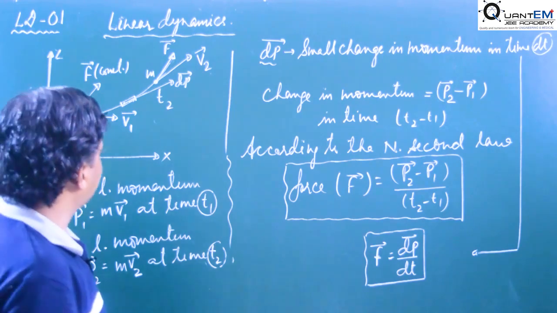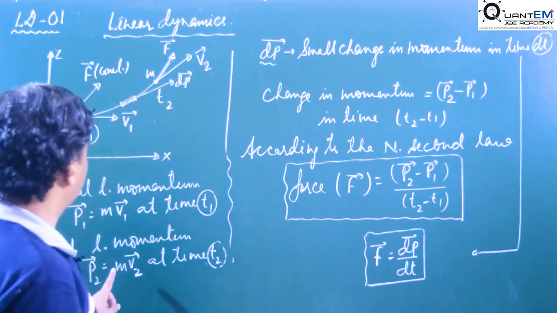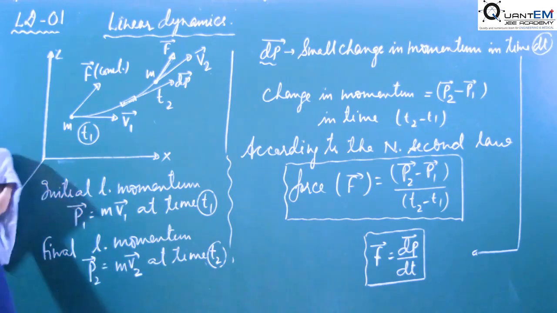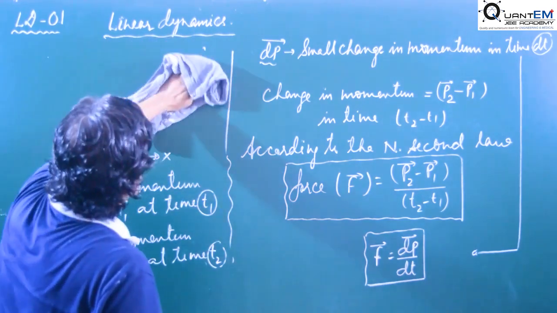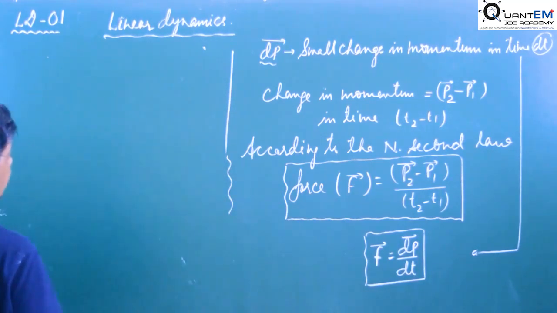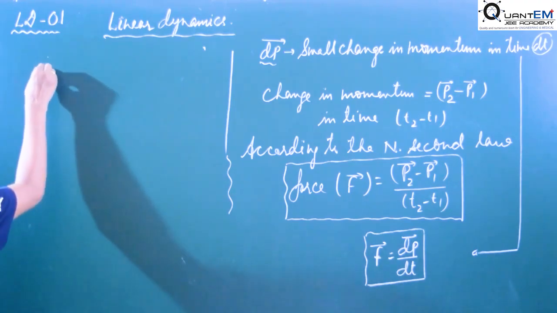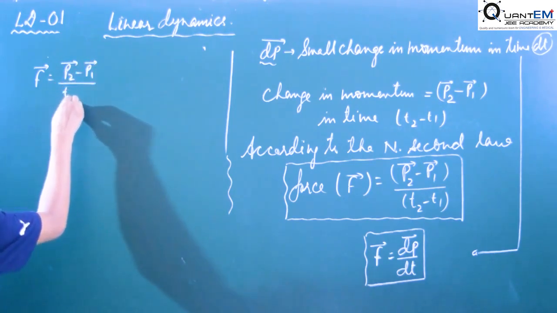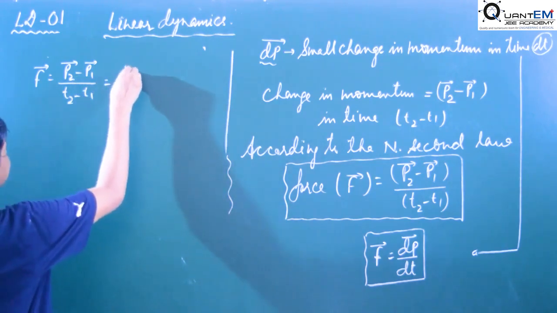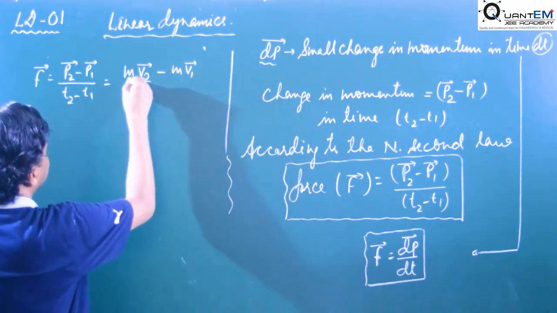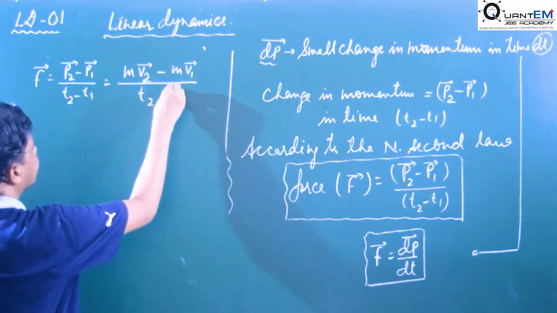Now what is p2 we have? It is m into v2, and p1 we have m into v1. Now putting the values of p2 and p1, F is equal to p2 minus p1 by t2 minus t1, that is m into v2 minus v1 divided by t2 minus t1.